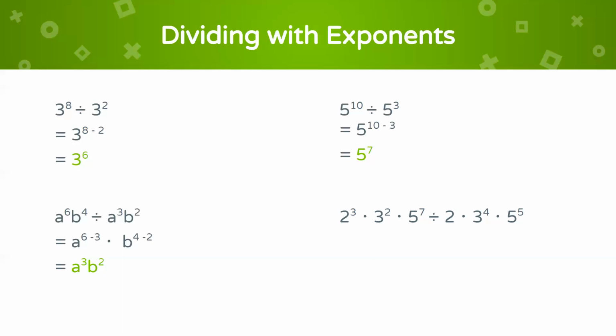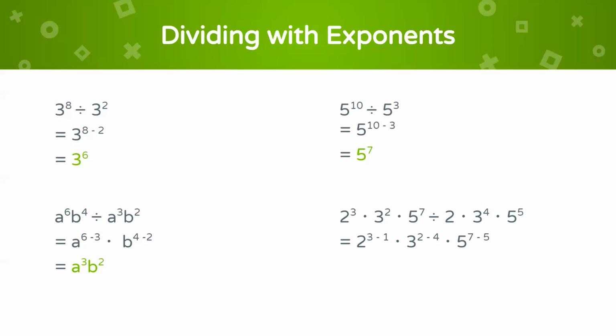Okay, so I'm hoping you got a chance to try this problem out yourself, and if you didn't get it, don't worry about it. We're going over it right now. What we did in the previous problem was group each of these by similar bases, and that's exactly what we're going to do this time as well. So what we get is 2 to the power of 3 minus 1 times 3 to the power of 2 minus 4 times 5 to the power of 7 minus 5.